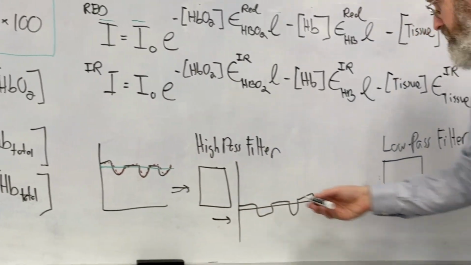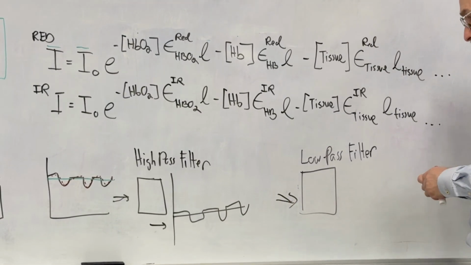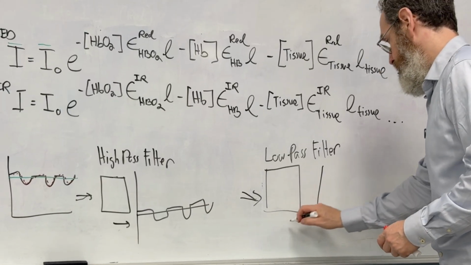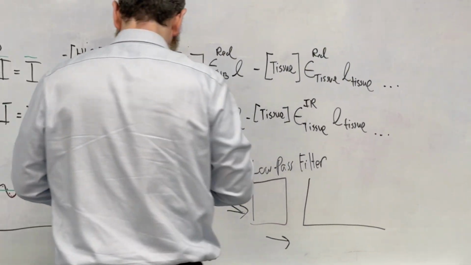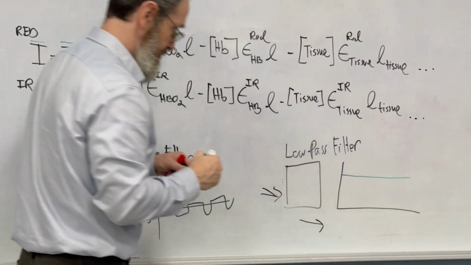If I take this original signal and feed it into the low-pass filter, the outcome is, in green, just the part that doesn't change, right?